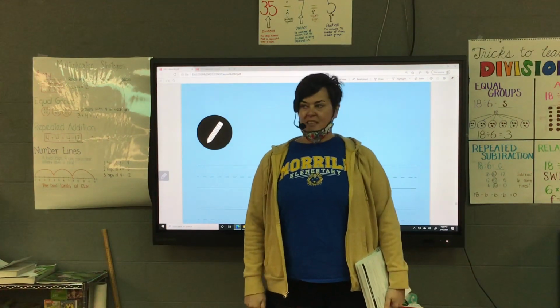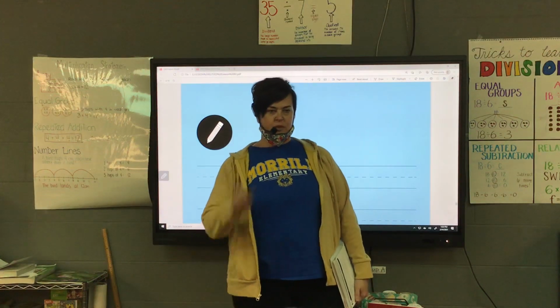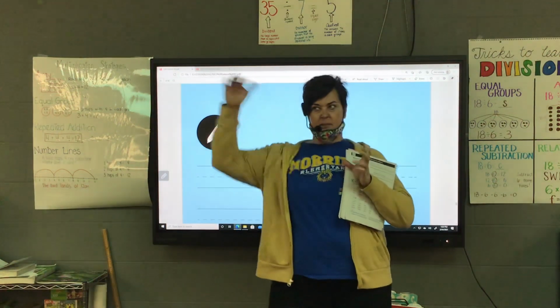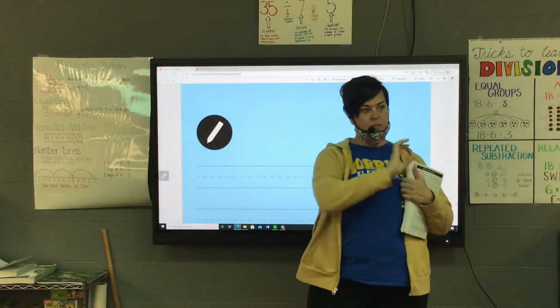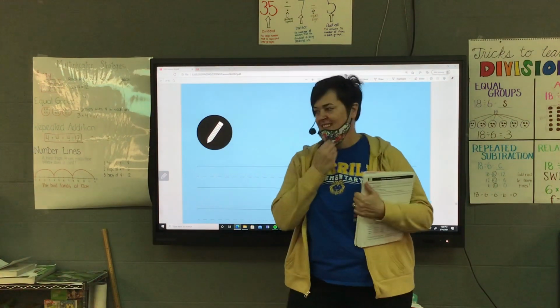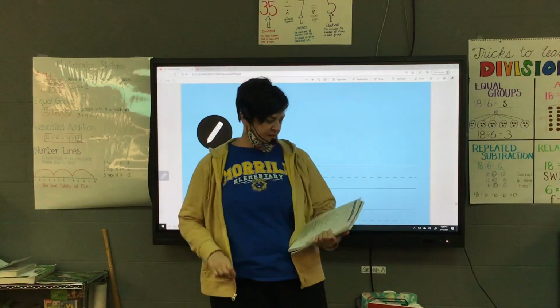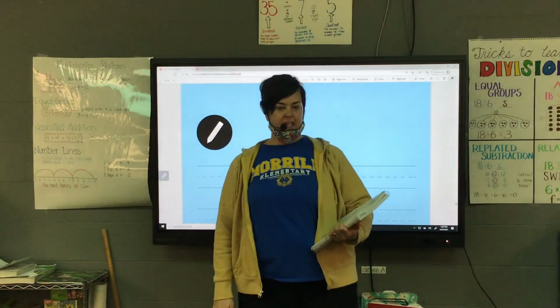Dunk tank. Dunk tank. Do you know what those are? Yeah. Where you try to throw the ball at the little target and somebody's sitting up here, and if you hit it just in the middle of the target, it pushes it back and they drop into the water. So dunk tank.